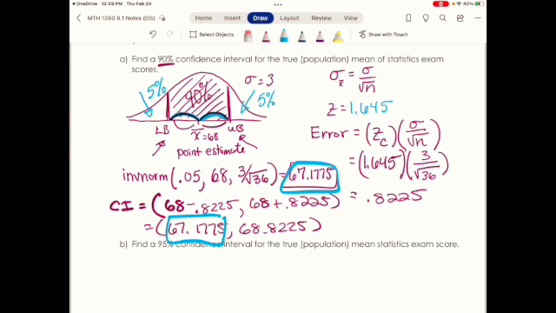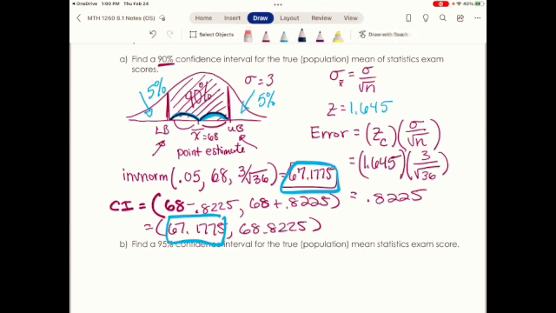Now, if I wanted to find my upper bound, there's a couple different things we could do. We could go ahead and use symmetry to find what the upper bound is. So I find the difference between 68 and 67.1775. If I find that difference and then add it to the other side, that would give me my upper bound. Or I could just go back and do inverse norm again, but I would just have to change my percentile.